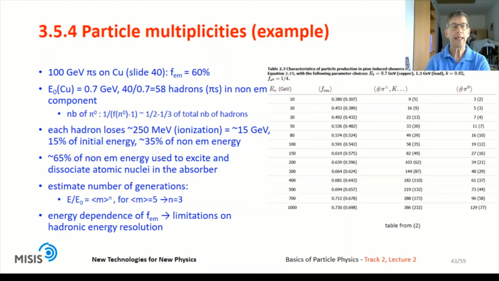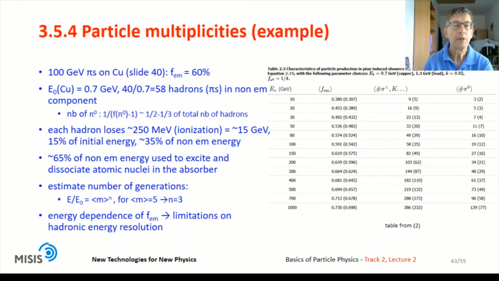So there will be 58 hadrons produced in the non-electromagnetic component. And the number of pi zeros will be 1 divided by 1 minus f pi 0, minus 1, which is approximately 1/3 of the total number of hadrons.